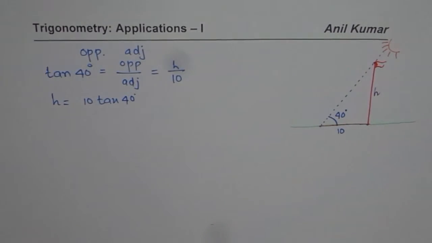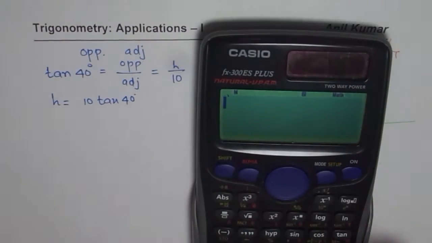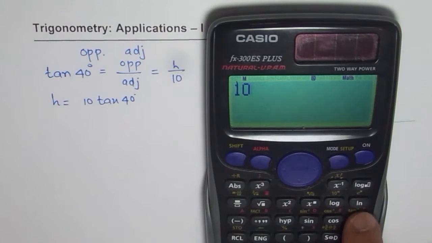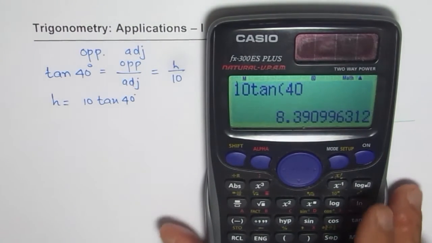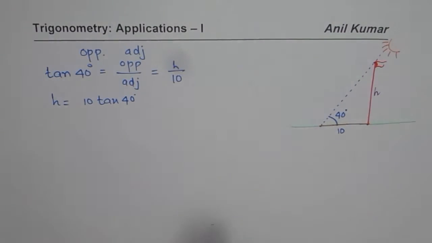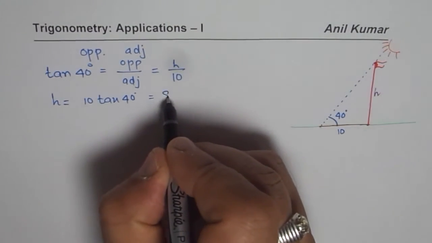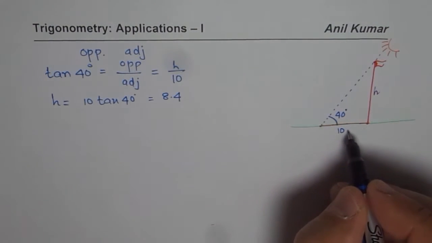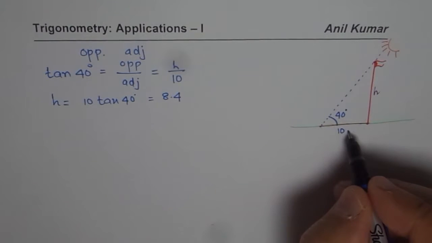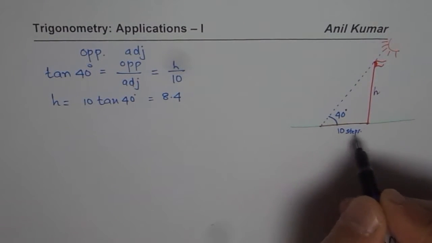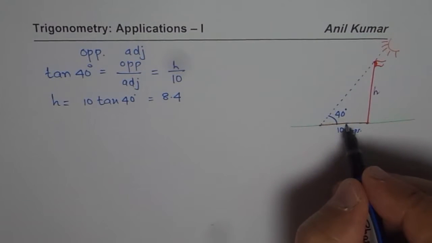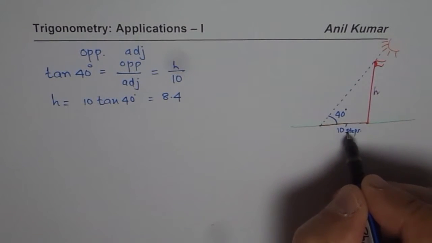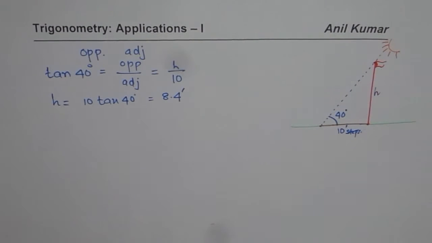Correct. So we can use the calculator now. It is 10 times tan of 40 degrees. So that gives us 8.39. Let me write 8.4, and the unit is steps, or we can call it feet.